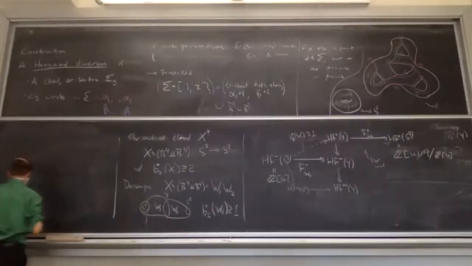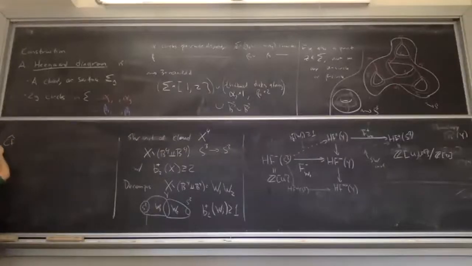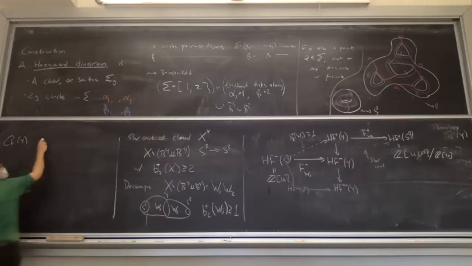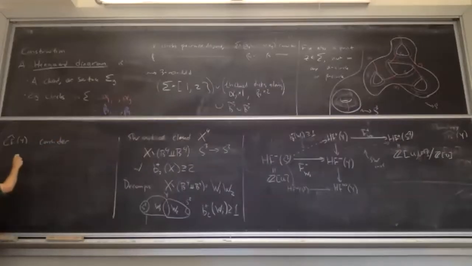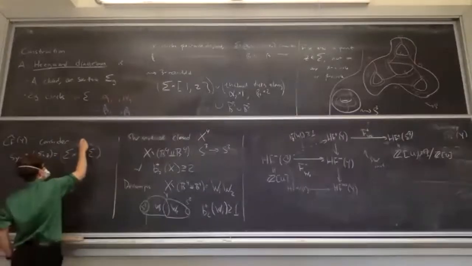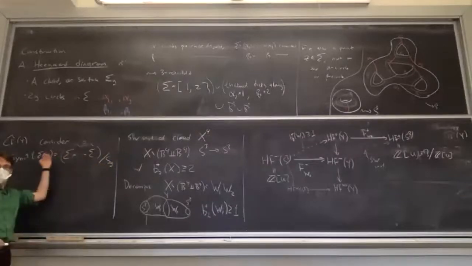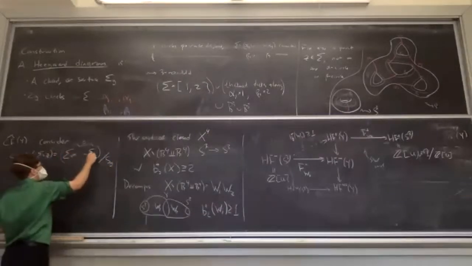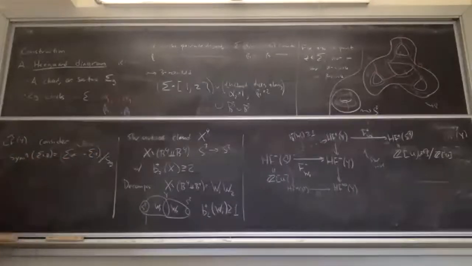For CF hat of Y, you're going to consider Sym^g of sigma minus z, which is you take sigma cross through sigma, g times, mod the action of the symmetric group permuting the factors. This is unordered g-tuples of points in sigma, none of which are this point z.